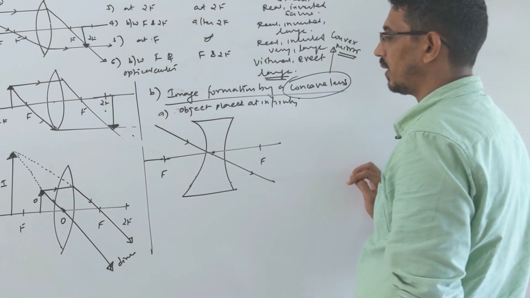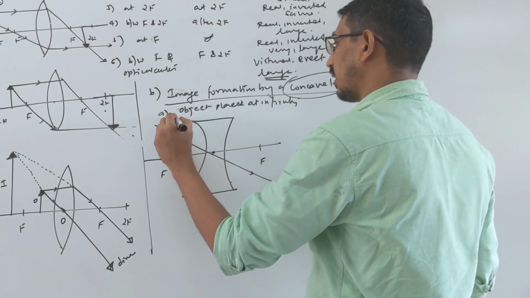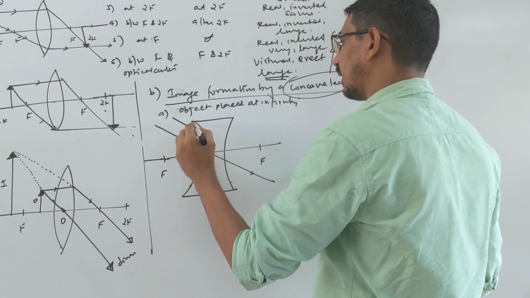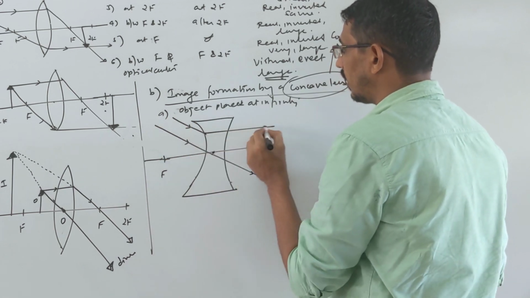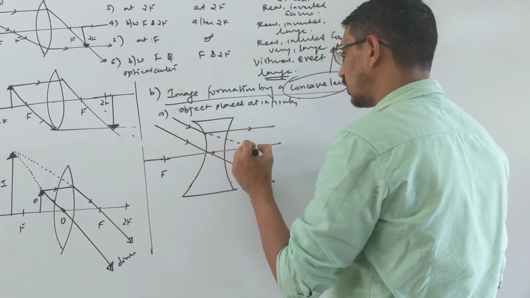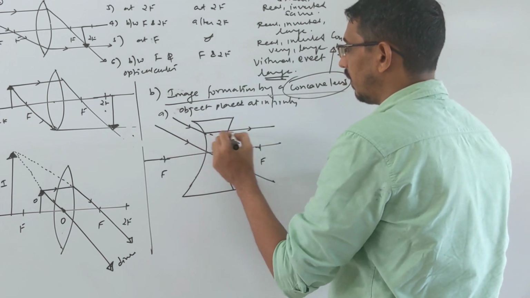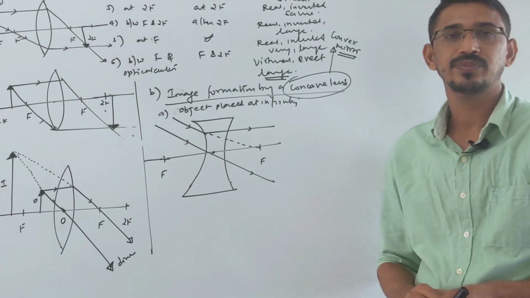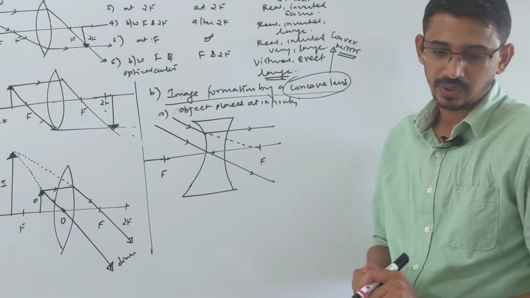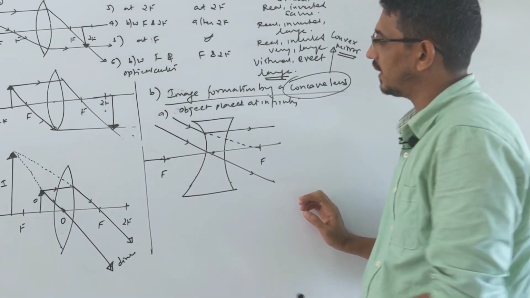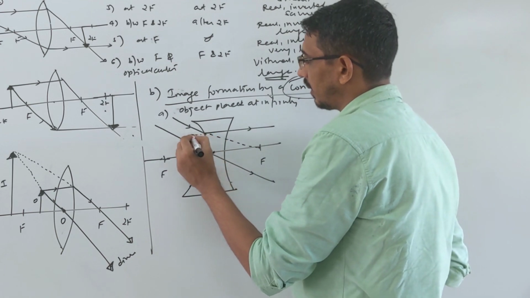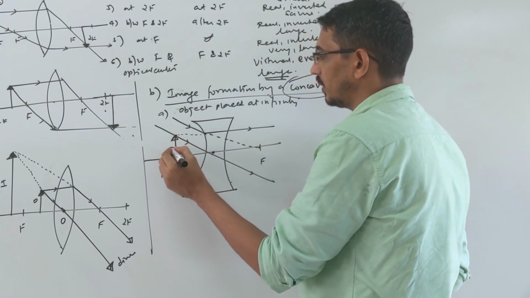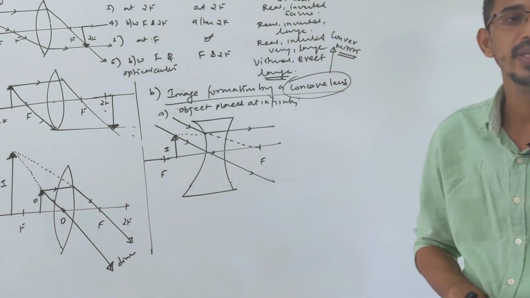And one ray which appears to be coming towards the focus, like that way, will become parallel. It was actually passing through this focus in real, but it got diverted like that. So if you want to make your image now, you have to extend it backward. This ray you extend backward, they will meet here. So this is your virtual image.